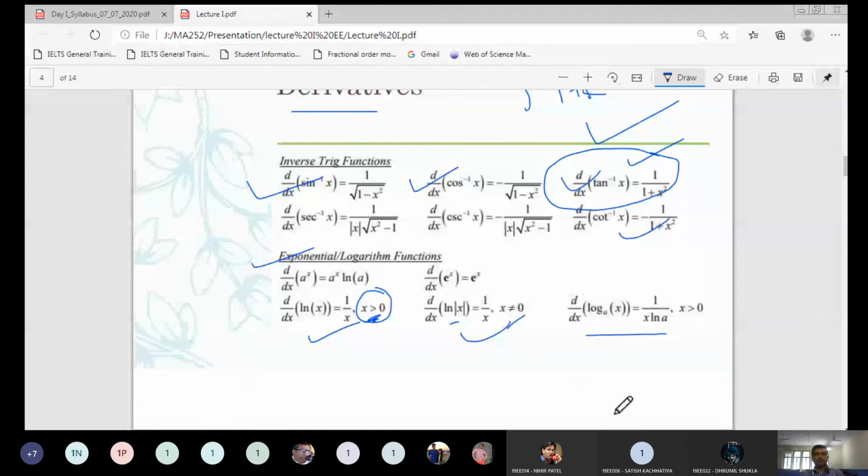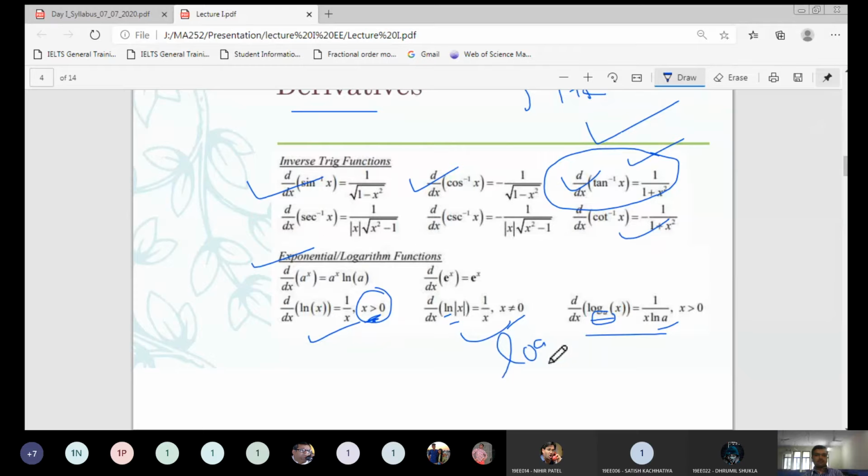Derivative of log. Here ln means base e and log a means base a. What should be the derivative of log base a of x? It is 1 upon x into 1 upon ln a. Are you getting the point?